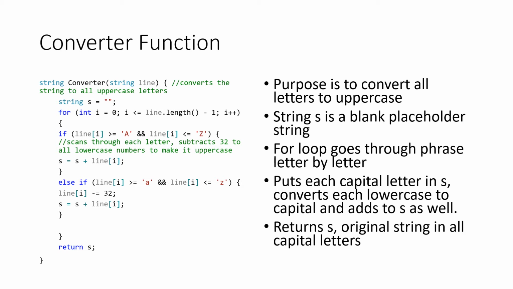It'll take each capital letter it sees and put it into s, and any lowercase letter it sees, it'll subtract 32 from its ASCII value, and then add that ASCII value, which would be the capital version of the same letter, back to s. At the end of it, s will be filled with the original string the user entered, except in all caps.